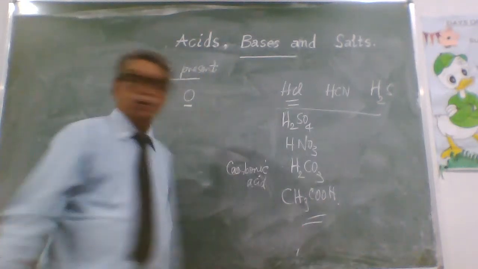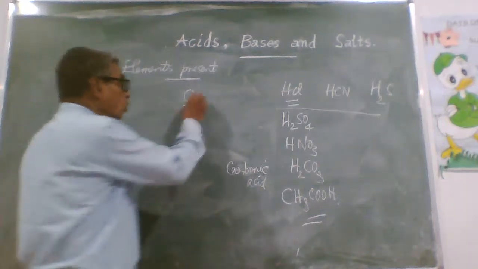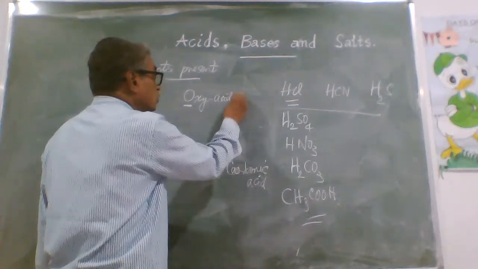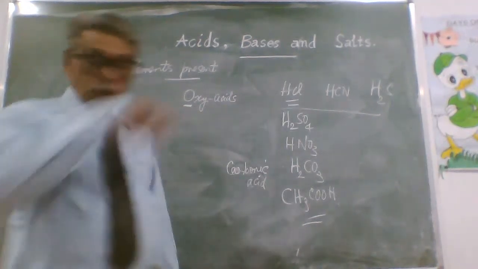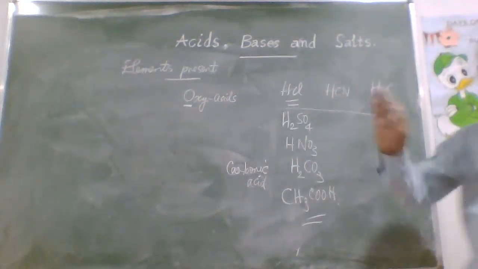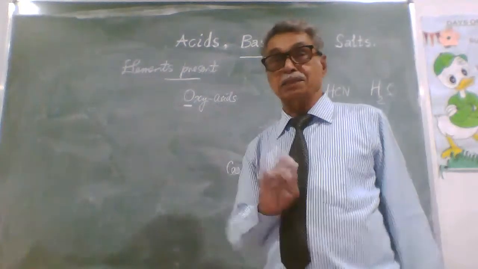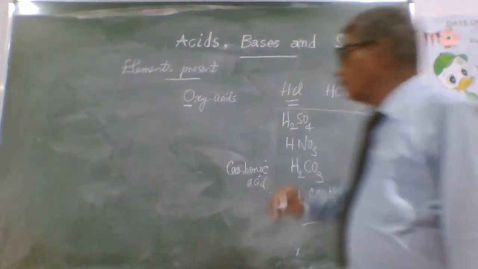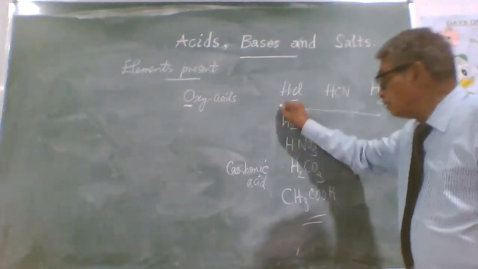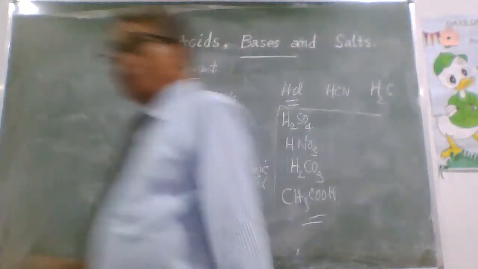So all acids which contain oxygen are called oxyacids. All acids contain hydrogen, there is no doubt. Otherwise, it's not an acid. If there is no hydrogen, it is not an acid. But all acids do not contain oxygen. The acids which contain oxygen are called oxyacids.